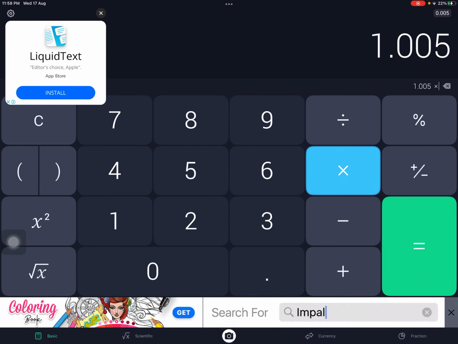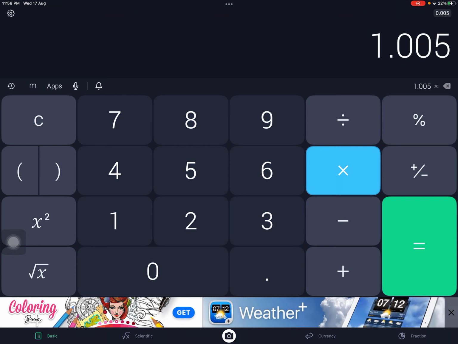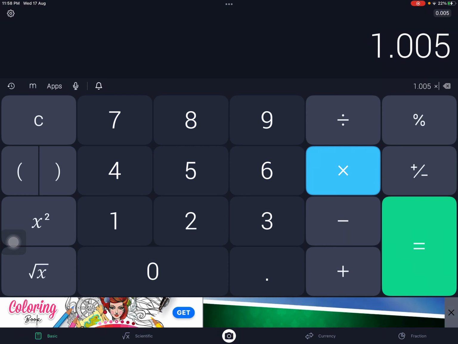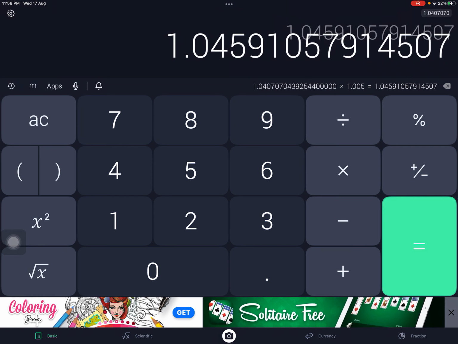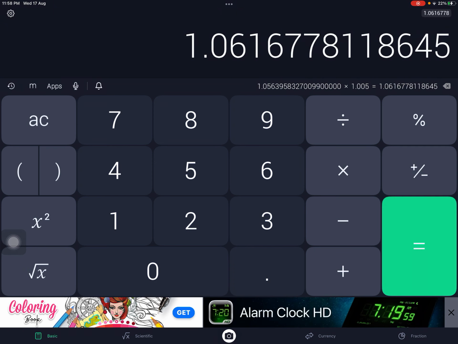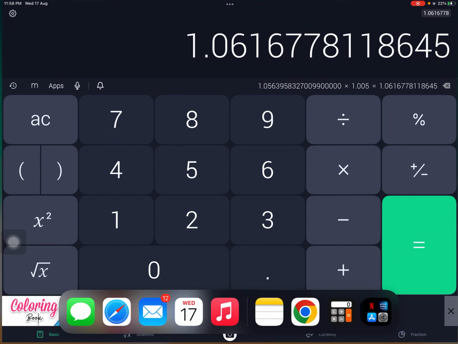Raised to 12 means multiplying 11 times. So 1.005 raised to 12 is 1.0617.